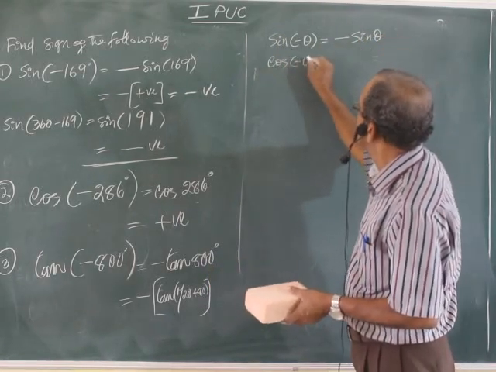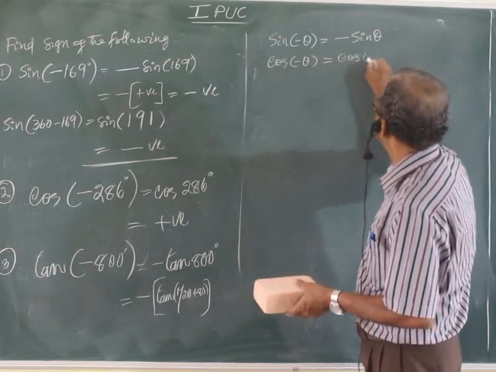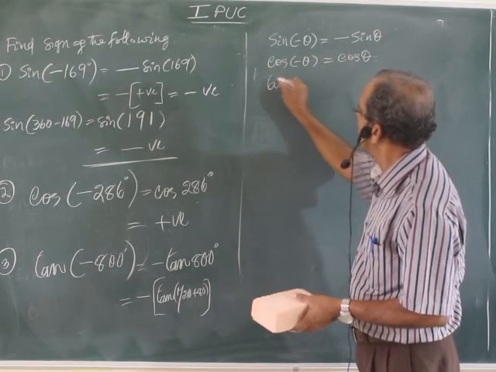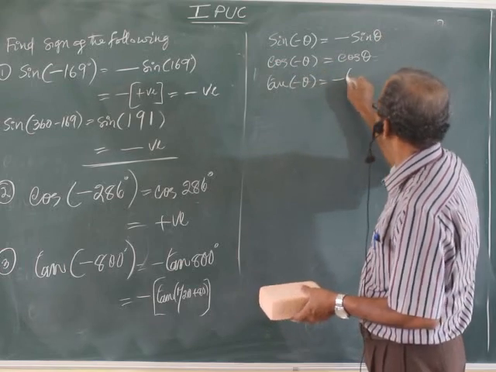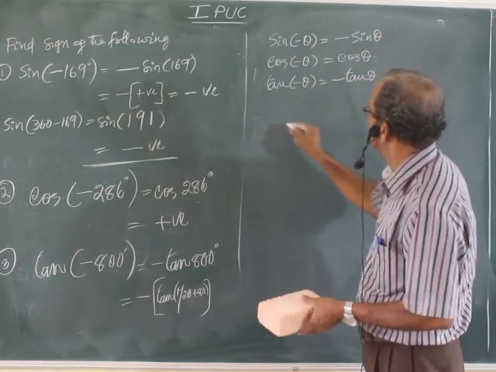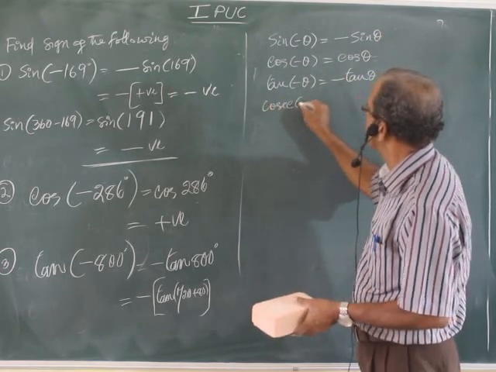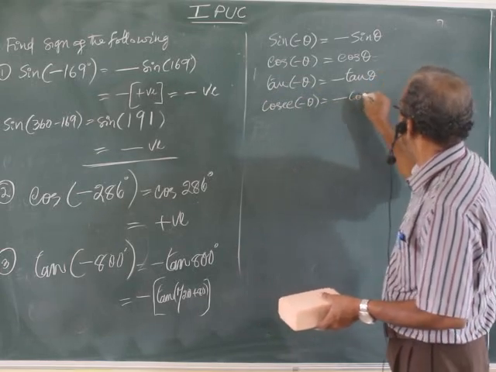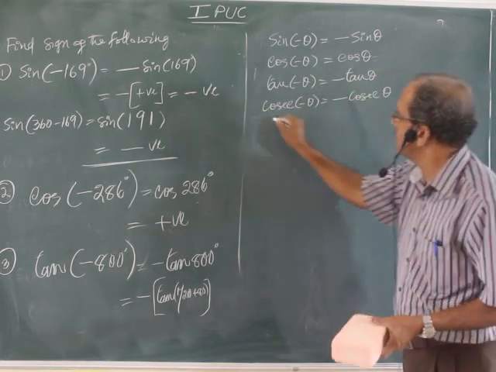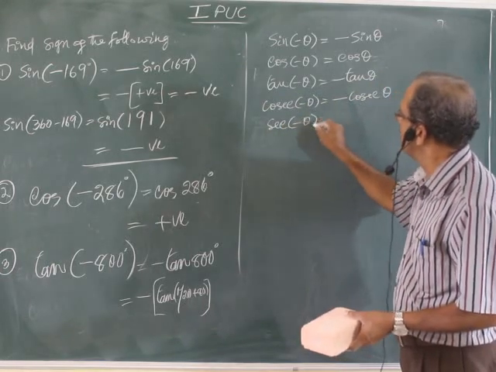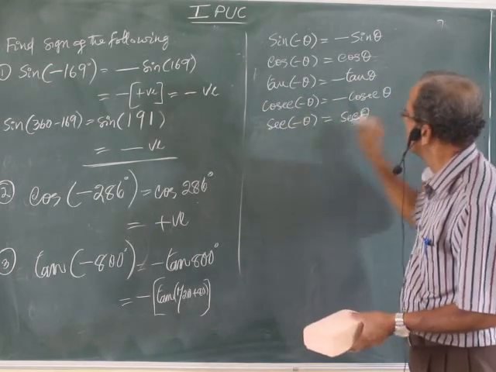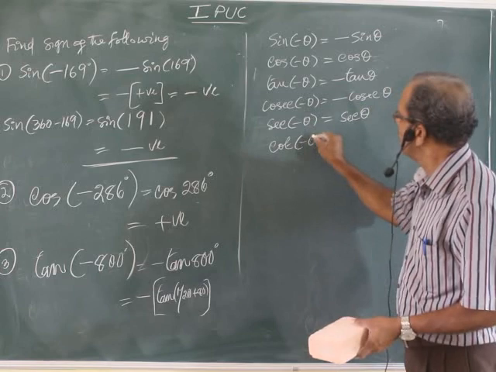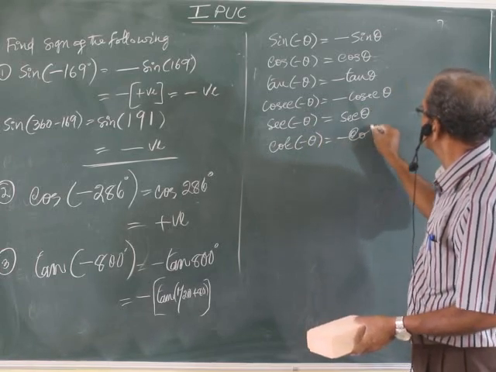Cos of minus theta is cos theta. Tan of minus theta is minus tan theta. Cosecant of minus theta is minus cosecant theta. Secant of minus theta is secant theta. Cot of minus theta is minus cot theta.